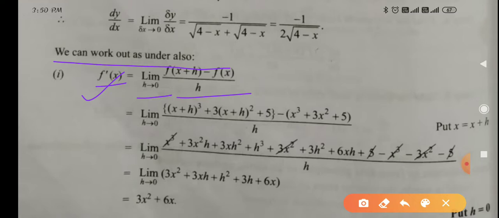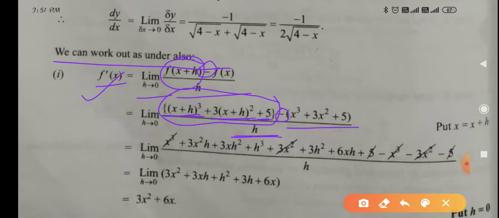So in the function, wherever x is there, in place of x you put x plus h. So x cubed means x plus h whole cube, plus 3x square means 3 into x plus h whole square, plus 5. So this is f of x plus h. Then minus f of x, as given in the formula, upon h.